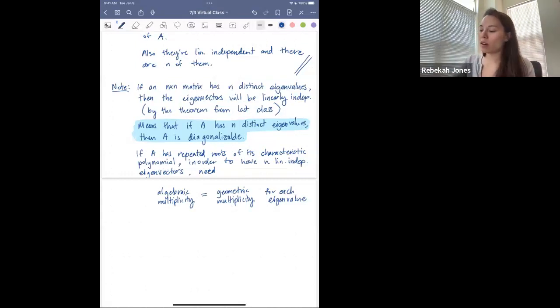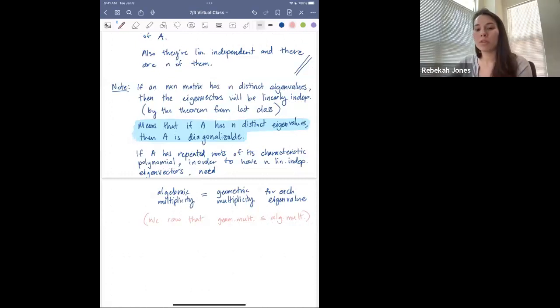And remember, we saw before that the geometric multiplicity is in general smaller, so less than or equal to the algebraic multiplicity. Remember, the algebraic multiplicity is the number of times that it appears as a root of the characteristic polynomial, right?